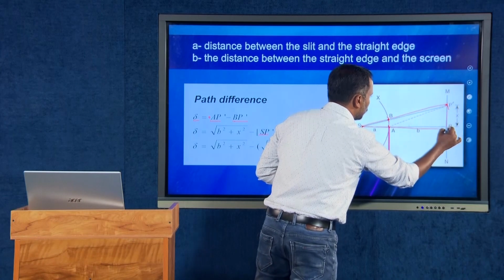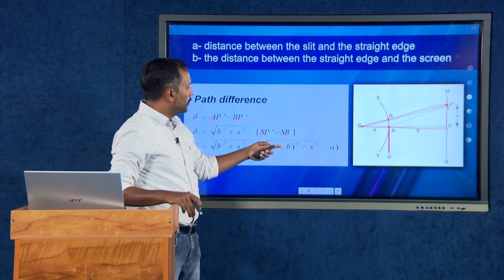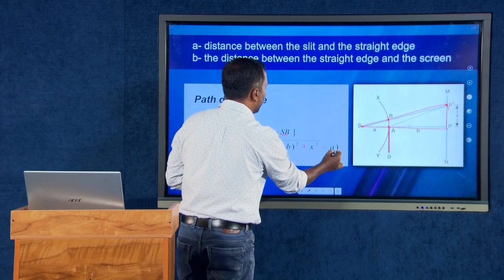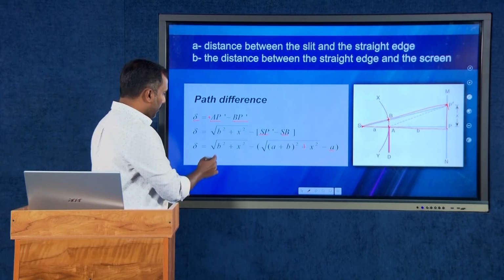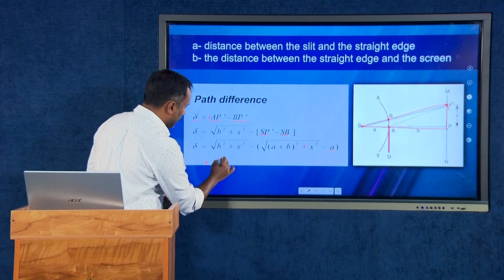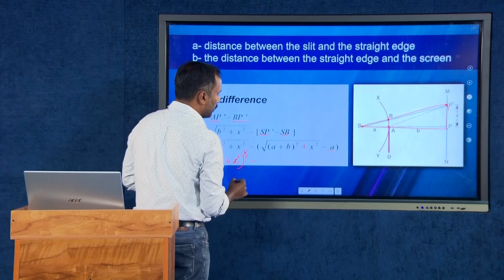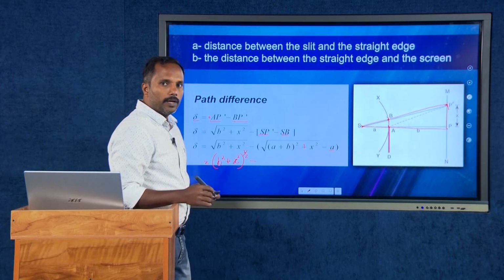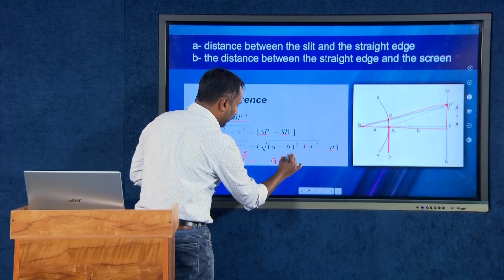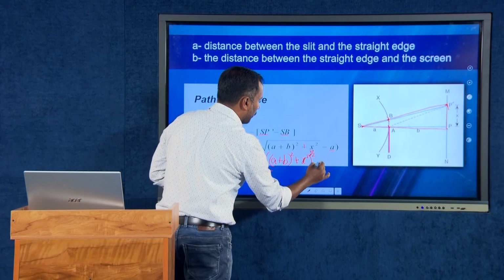This is a right angle triangle, so from it you get S P dash as the square root of A plus B all square plus X square, minus A. Rearranging this formula, I write it as B square plus X square all raised to 1 by 2, minus, root of A plus B all square plus X square all raised to 1 by 2, minus A.